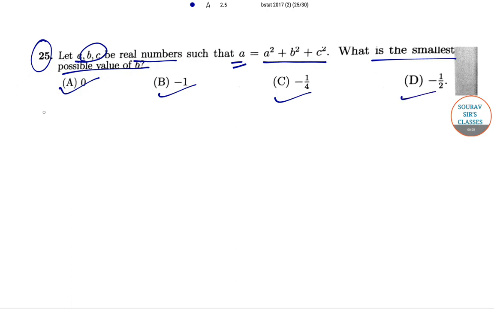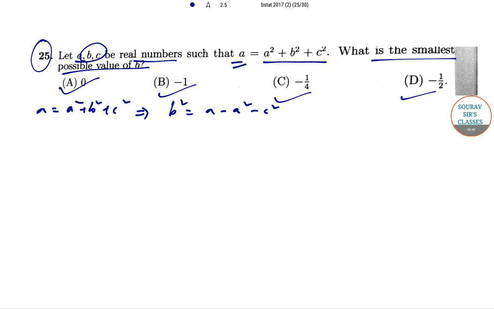Now we have been given that A is equal to A square plus B square plus C square. So we can write it as B square is equal to A minus A square minus C square. Now for B to be minimum, B square is maximum.